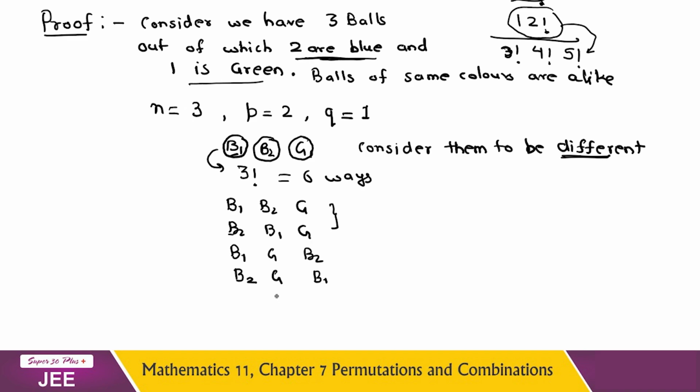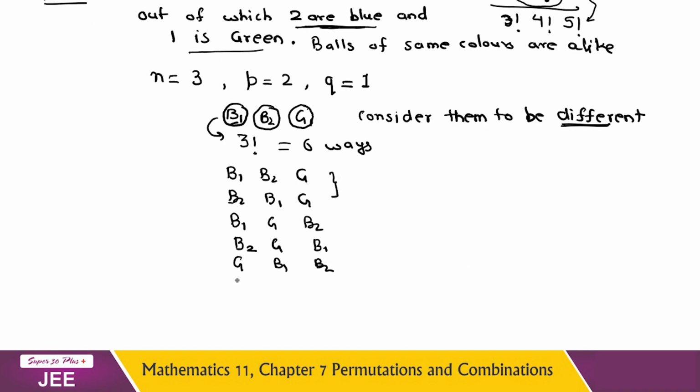The last 2 arrangements can be green over here and then B1 and then B2, and finally green ball over here, then B2 and then B1. So these are total 6 arrangements if the things were different.